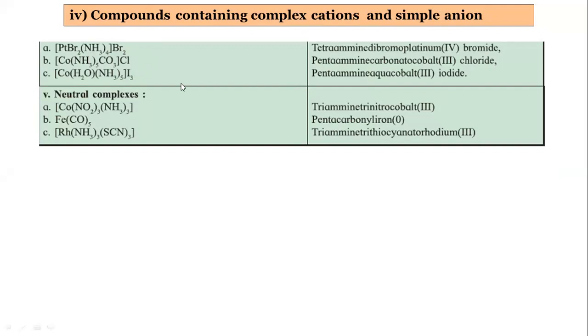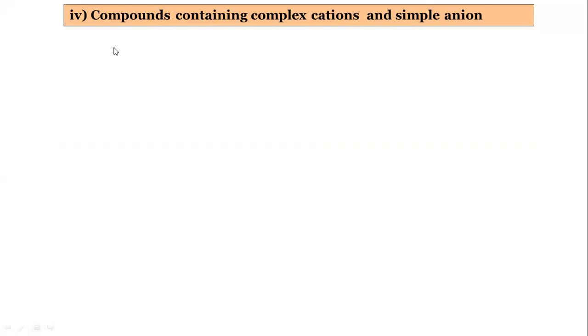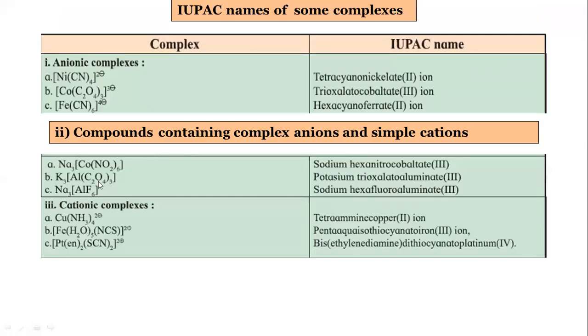First we have to write the name of the ligand. So this is the tetraammine. In this case, don't write the names here. In case of the anionic complexes, if it is sodium, potassium, or aluminum, these are the counter ions that come first.